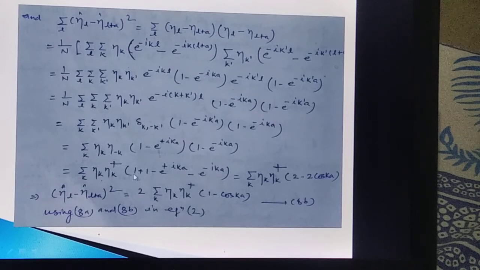On multiplying these two terms, you have summation k eta k dagger (2 minus 2 cos ka). So the term (eta l minus eta l plus a) whole square is equal to 2 summation k eta k dagger eta k into (1 minus cos ka).